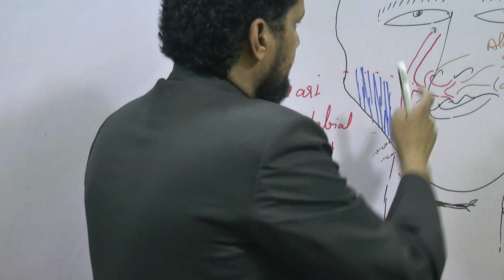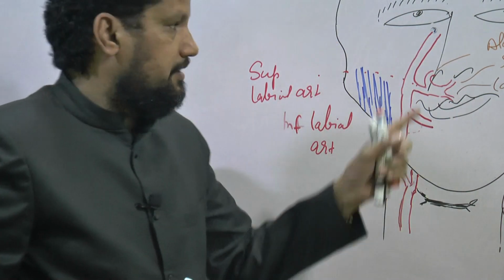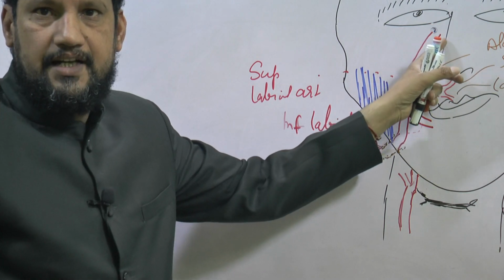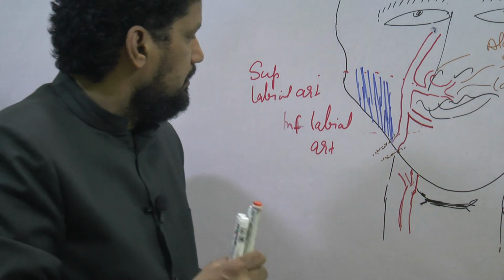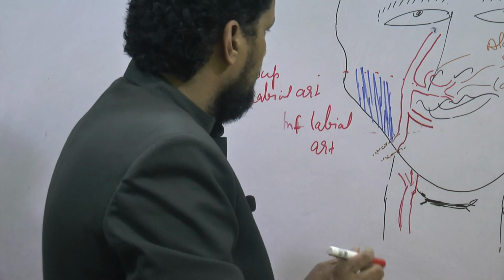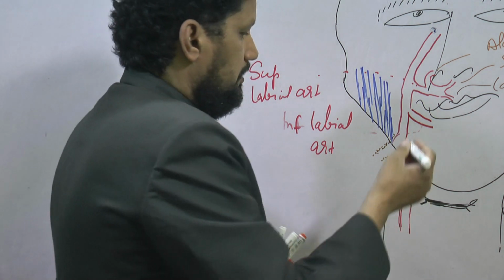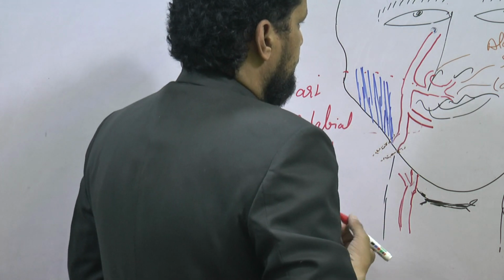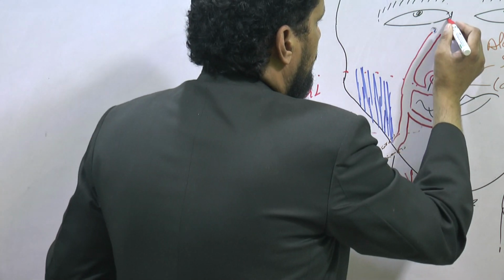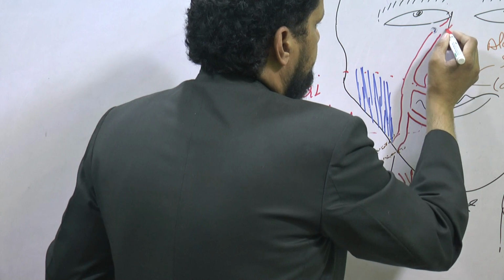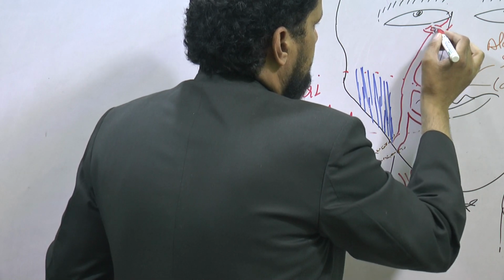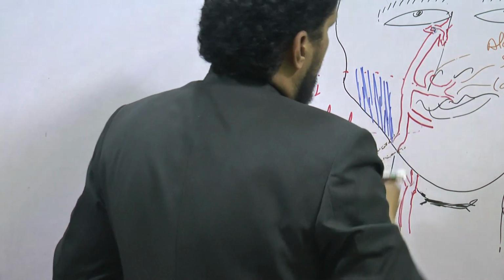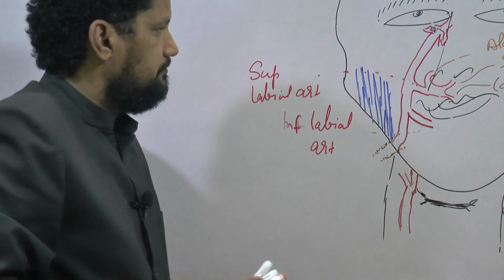Here the artery is anastomosing with the dorsal nasal branch of the ophthalmic artery.